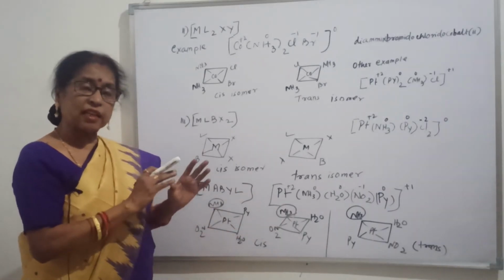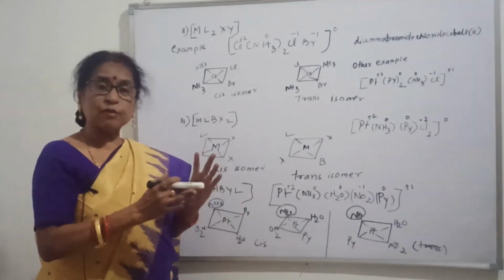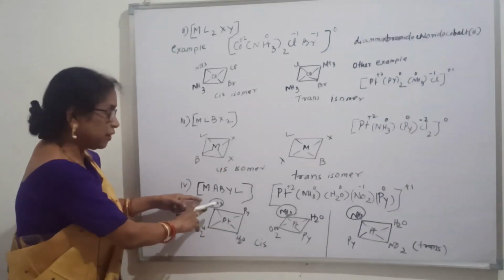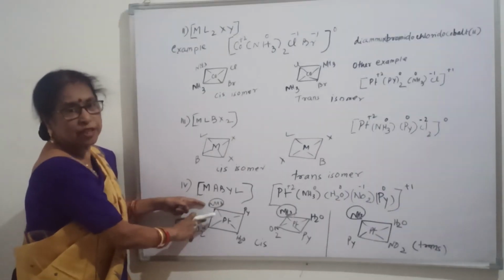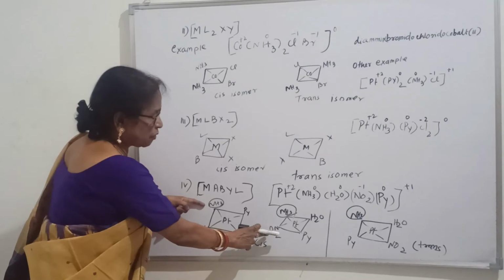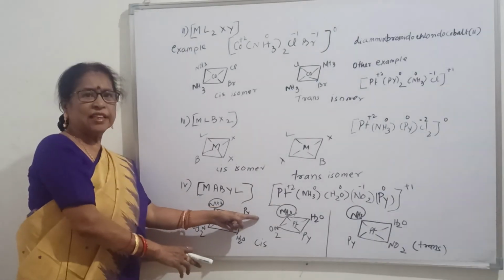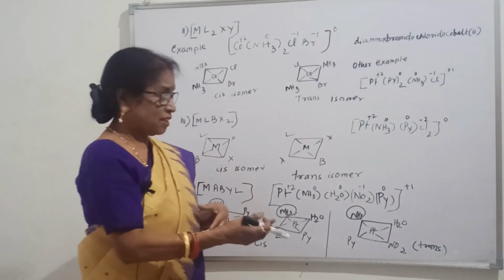Why is it cis? Both are cis, because I fix ammonia here and NO2 here, so automatically the ammonia and nitro group are adjacent. That is why this is the cis, with only an interchange of these 2 ligands. Then what is trans?